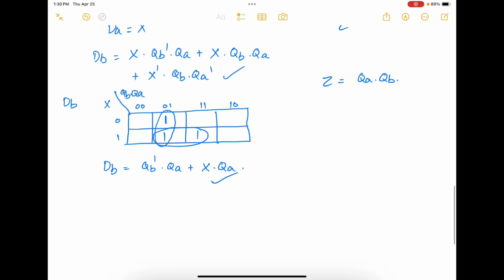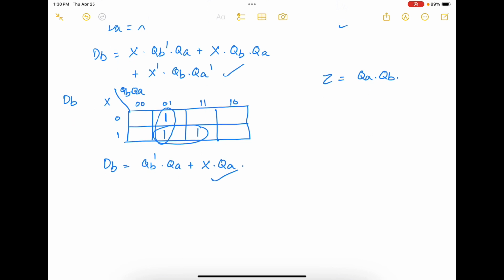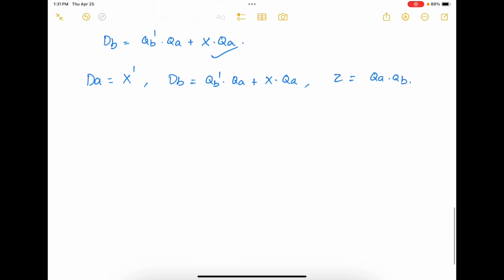Now using the three equations, we can try to come up with the circuit. So remember, DA equals x prime, DB equals QB prime QA, or x and QA, and Z equals QA QB. So the circuit is going to look as follows. We have two flip-flops.